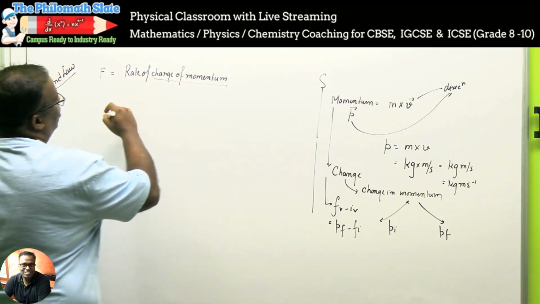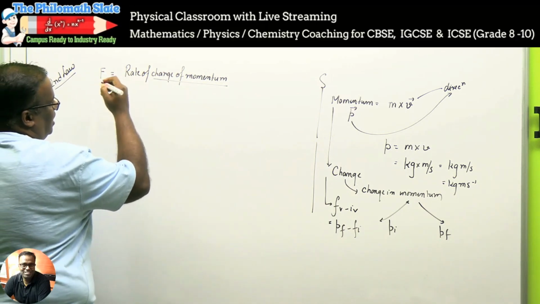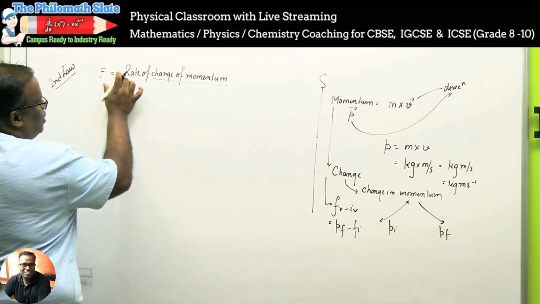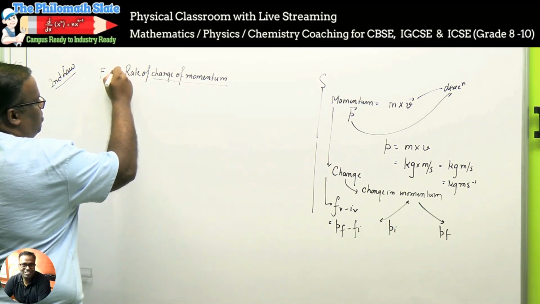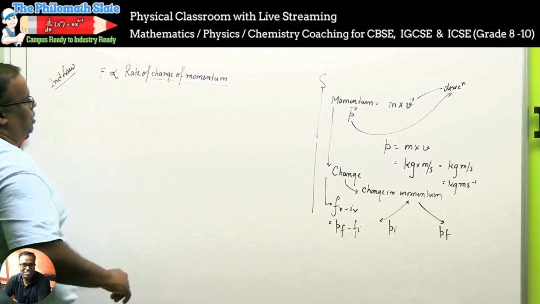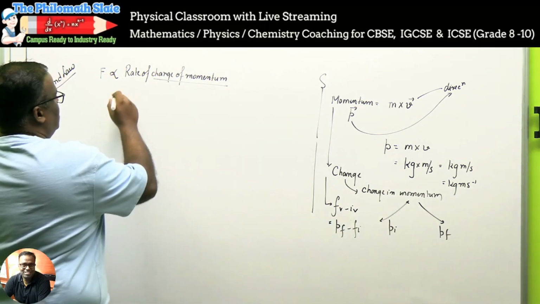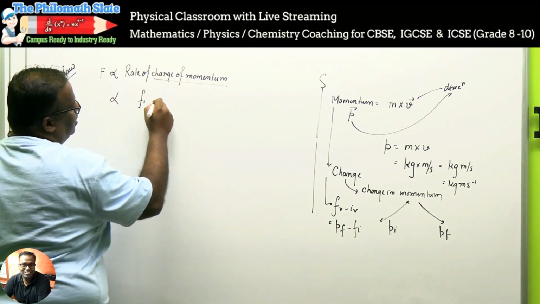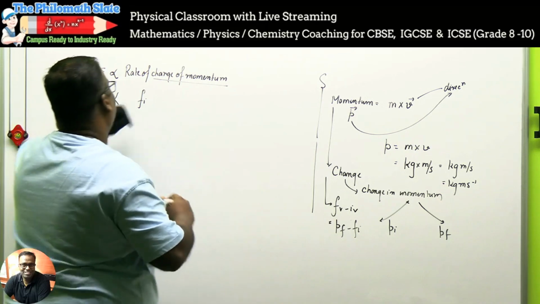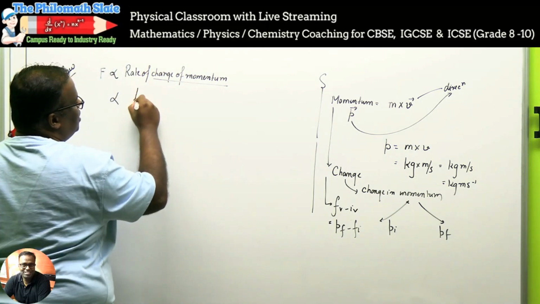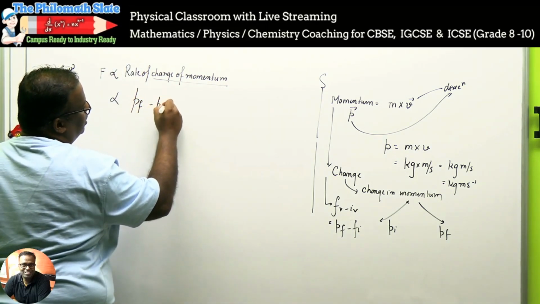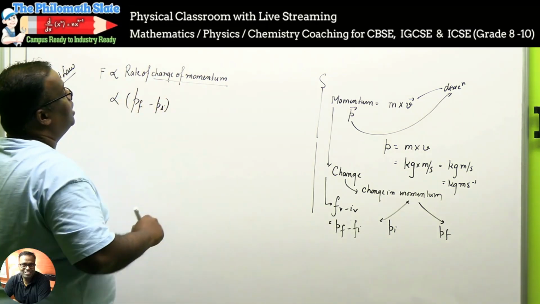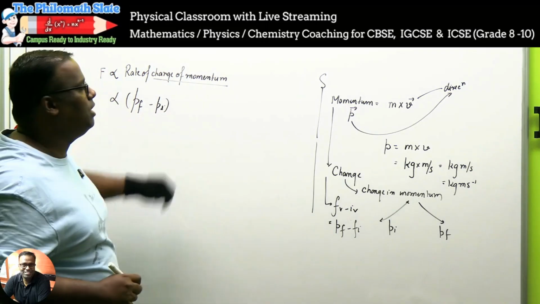The exact definition of the second law says force is not equal to, it says force is directly proportional to rate of change of momentum. So here we are comparing change in momentum, that is P final minus P initial. This is my change in momentum. Rate of change of momentum, we're comparing it with change in time.